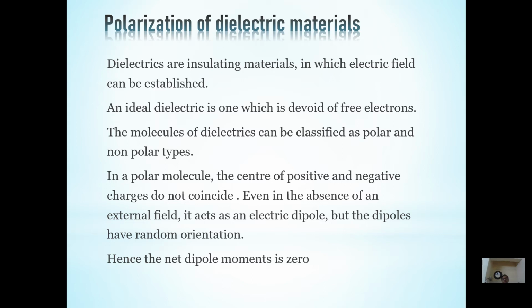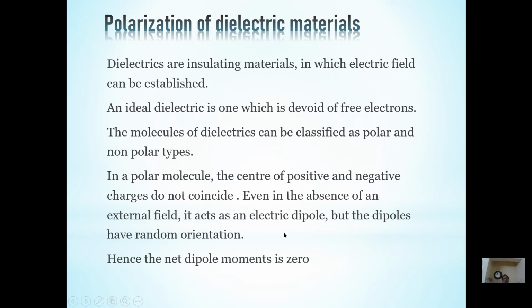Even in the absence of an external electric field, it acts as an electric dipole. Dipole means which has two polarities, plus and minus, meaning the charges are separated by a distance. But the dipoles have random orientation, meaning their orientations are different. Hence, the net dipole moment is 0. This is due to the random orientation of molecules.